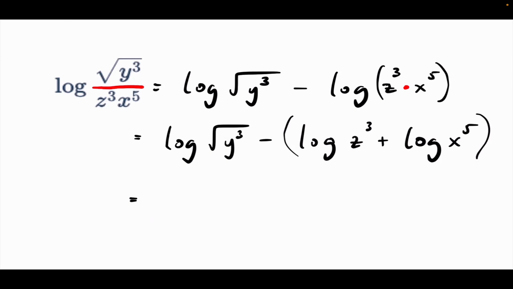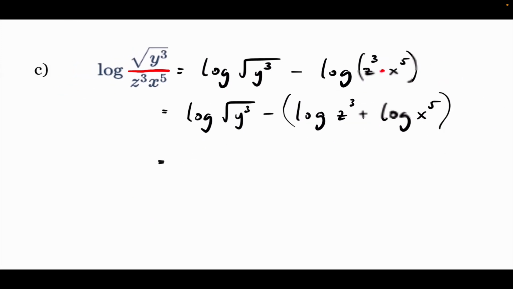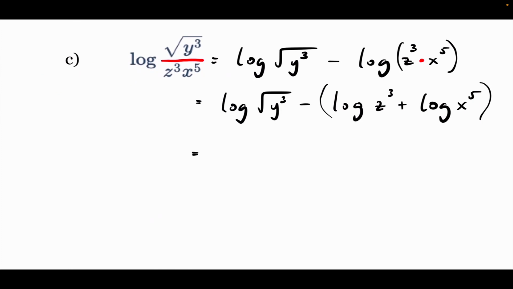I know this guy, Z, has a power of 3, right? I know X has a power of 5. What about Y? What power does Y have? So I'm going to do a little side thing.